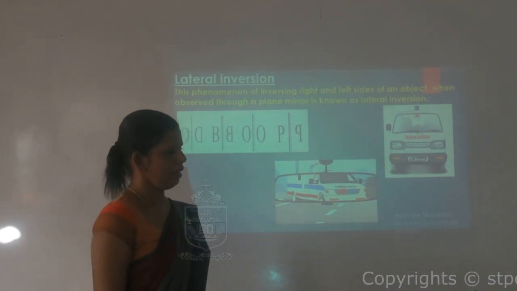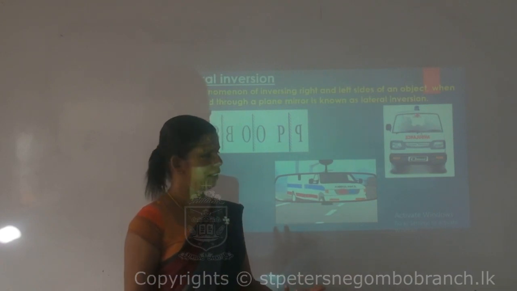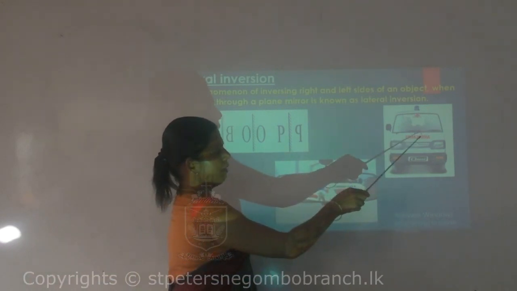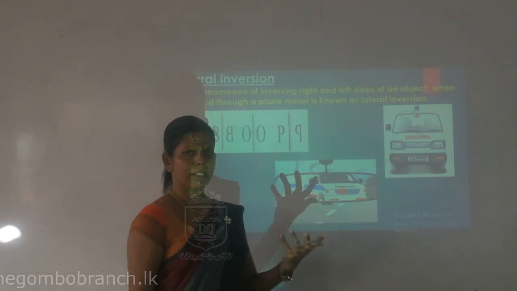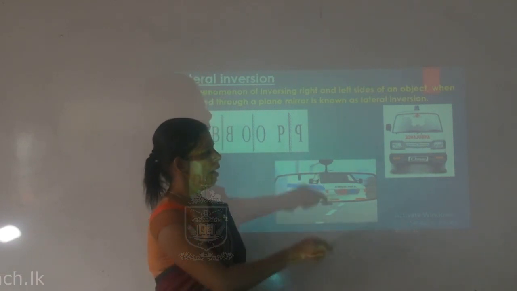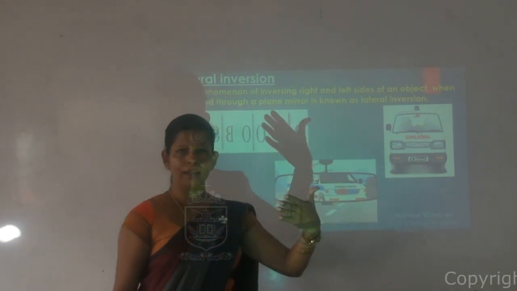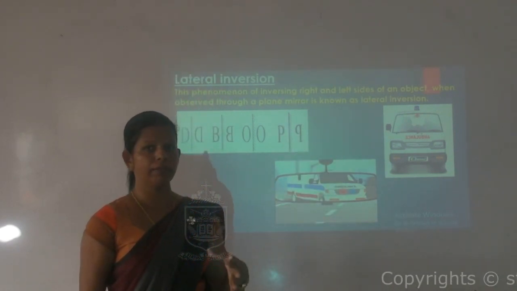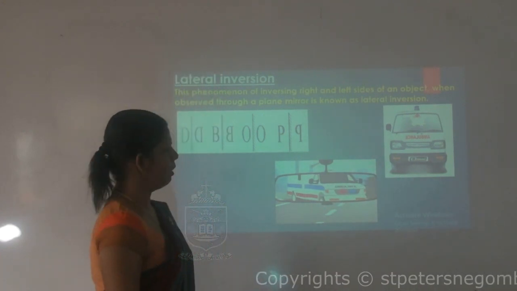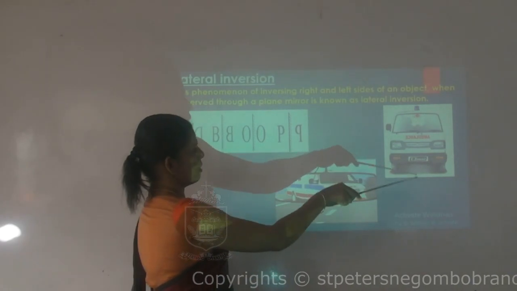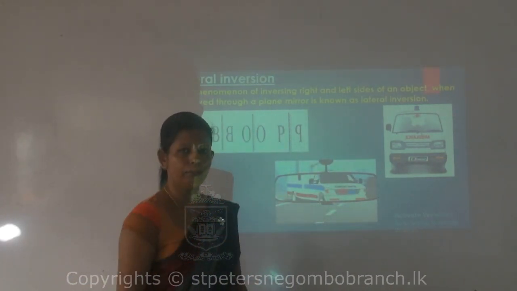Sometimes you have seen the word ambulance written like that on the vehicle. Why? Other vehicles, when they look at the ambulance in their mirrors, can see it the correct way round, so they can identify the ambulance very easily. That is an instance we can discuss about lateral inversion.